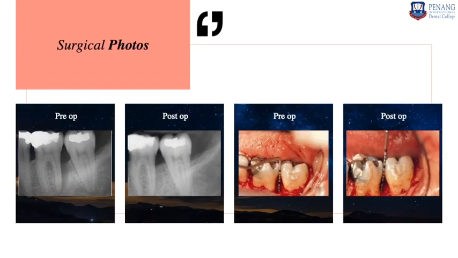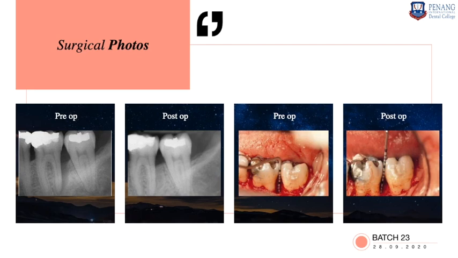So these are some surgical photographs and radiographs. You can see a preoperative radiograph with an intrabony defect, and a post-operative radiograph where the defect has been completely filled. You can see the difference between the preoperative and post-operative radiograph.